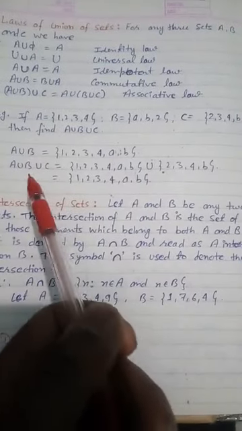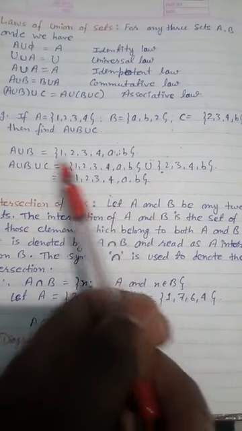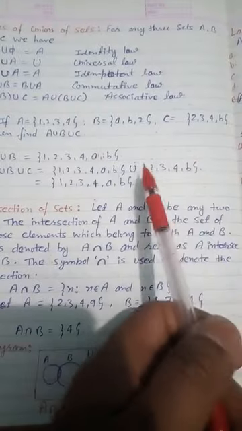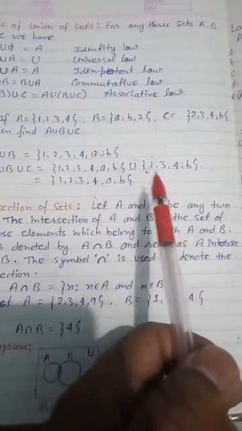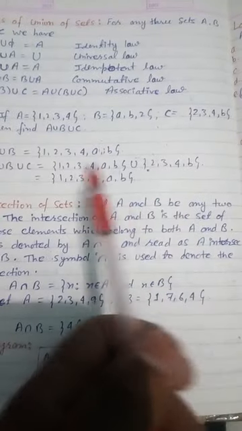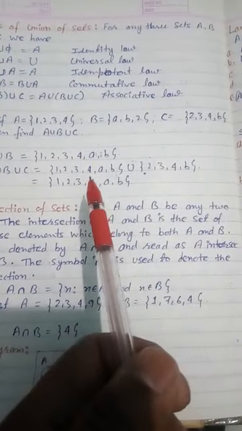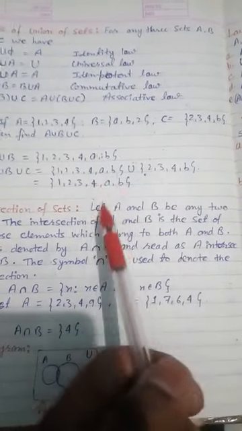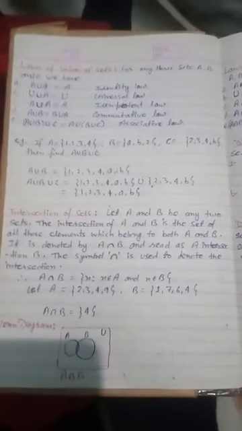Now we have to make the union of this with C, that is {2, 3, 4, b}. Again here 1, 2, 3 and 2, 3, 4 are repeated elements, and also b, so we can't write 2, 3, 4, b again and again. We have to just write each element once.